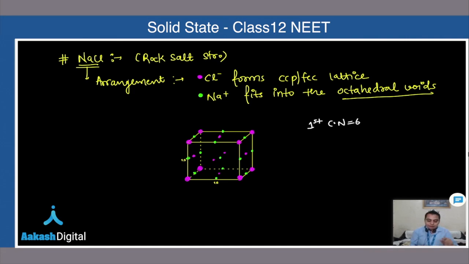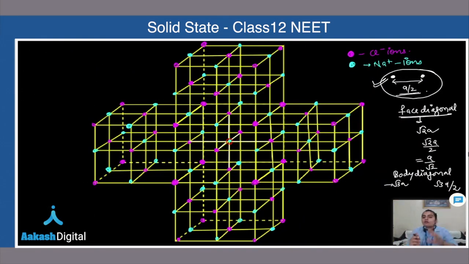Clear? Now let us see my second coordination number. The second coordination number obviously will be contributed by the particles present at my face diagonal. Which particles are present at the face diagonal?